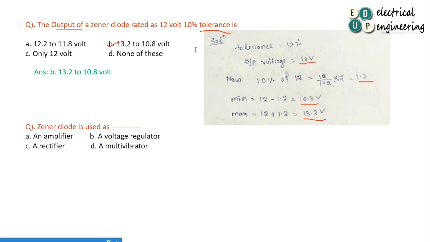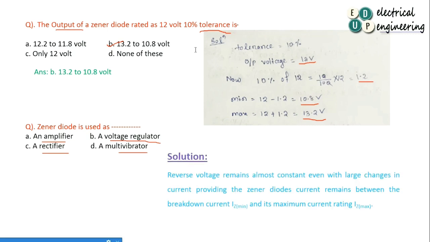Now comes to the next question. Zener diode is used as, the options are an amplifier, a rectifier, a voltage regulator, a multivibrator. We know that Zener diode is specially designed to operate in the reverse biased condition. So reverse voltage remains almost constant whenever I increase the value of current. The current range is in between breakdown current and its maximum current.